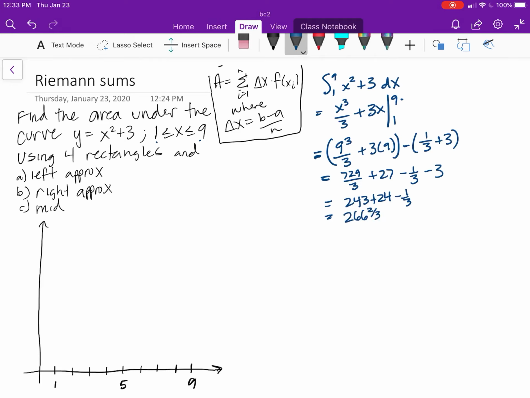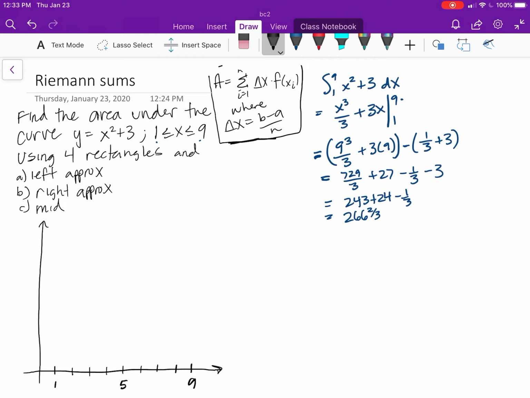And of course we would probably want improper, or if it's a word problem, a decimal. We know this is exact. Again, I could write some random function up here that we couldn't do the definite integral of, and we may end up using Riemann sums.